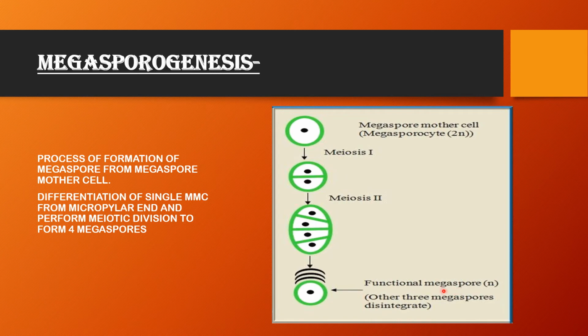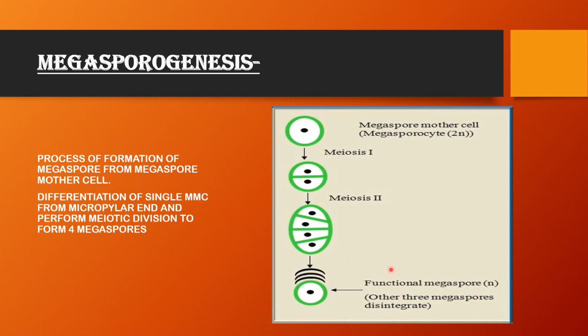Previously this is a haploid structure, and after division that will form in another way, which is called the embryo sac. So we can see here that 3 cells which are non-functional will degenerate, and only one behaves as a functional megaspore.